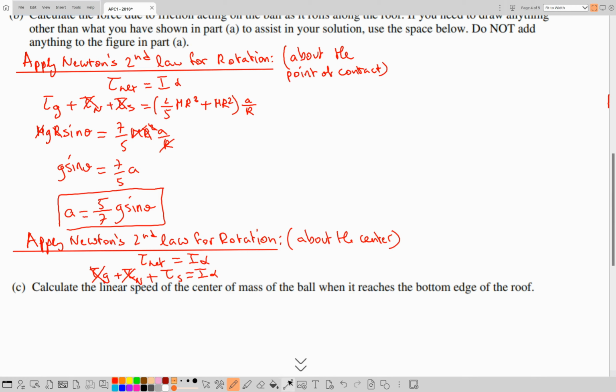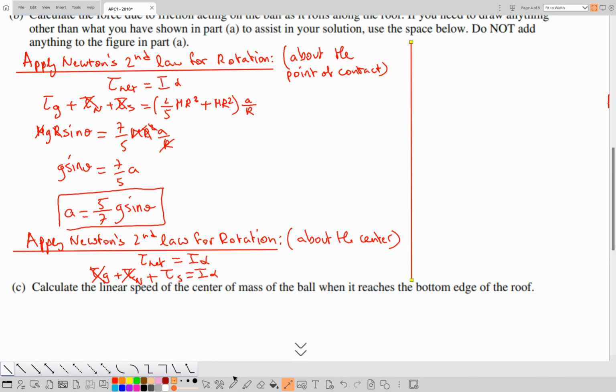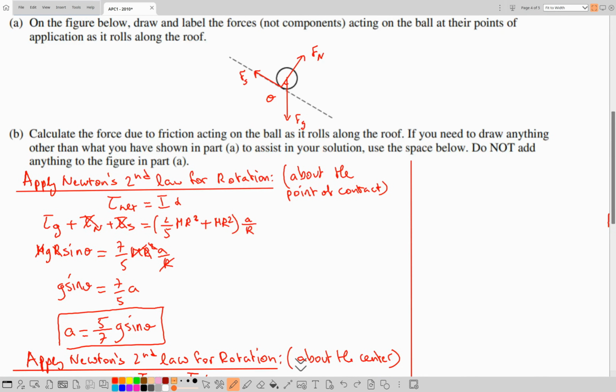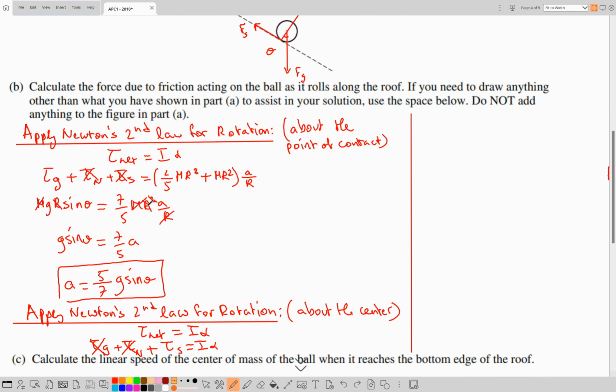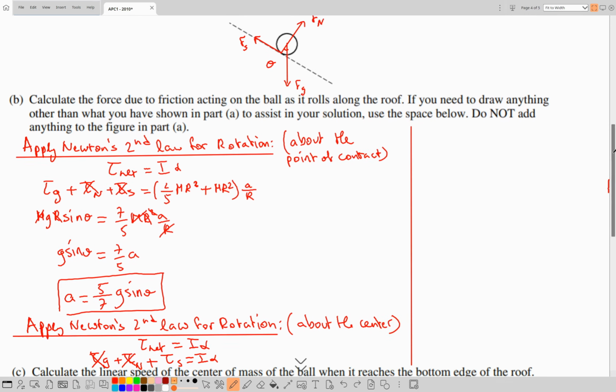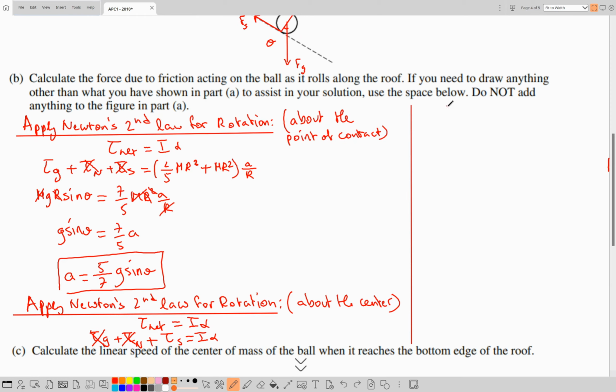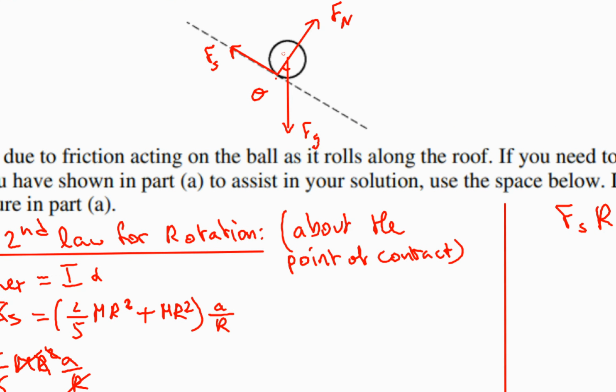So I will continue my work in this region. Now the static friction, as we said in the first part, provides a positive torque and it's being applied tangentially to the sphere. So that would be F static friction that we're searching for, multiplied by the distance r from the point of application to the center.